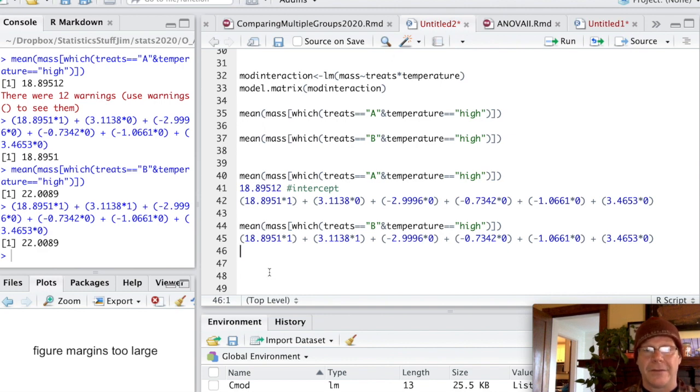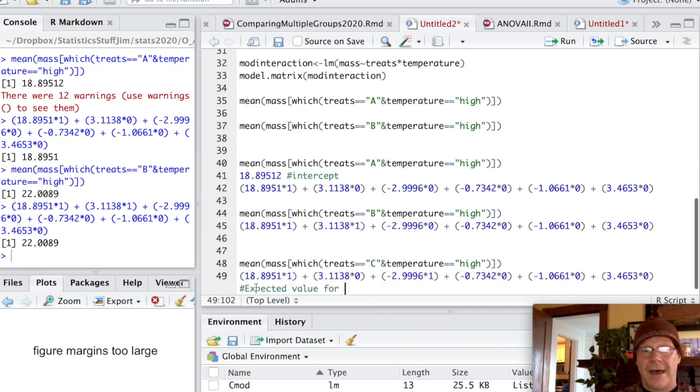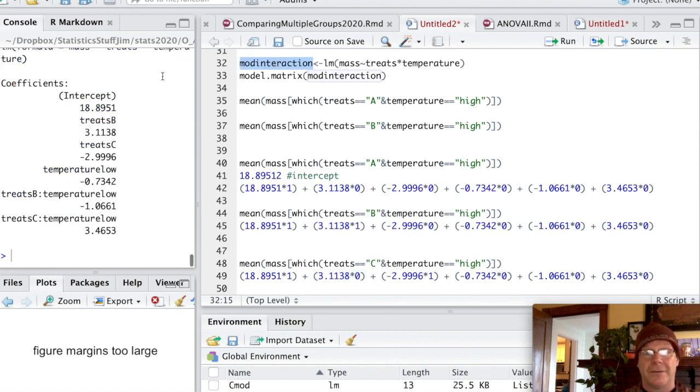And again, let's do the same thing here now, where we're on treatment C at a high temperature. And if I do that, what do I find? Again, everybody's going to get the intercept. We're dealing with treatment C now, so we're going to get rid of that coefficient for treatment B. Again, we can look at those different coefficients.